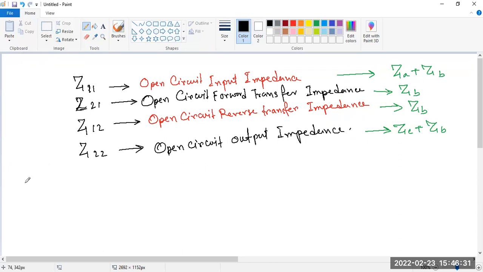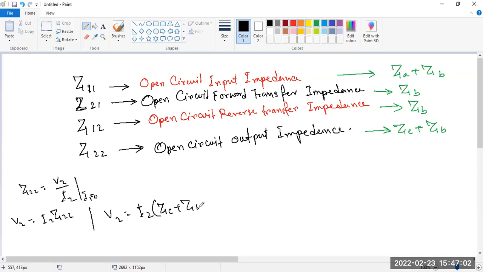Z22 is V2 by I2, when I1 is 0. So V2 is I2 into Z22, and another way V2 is also I2 into ZC plus ZB.